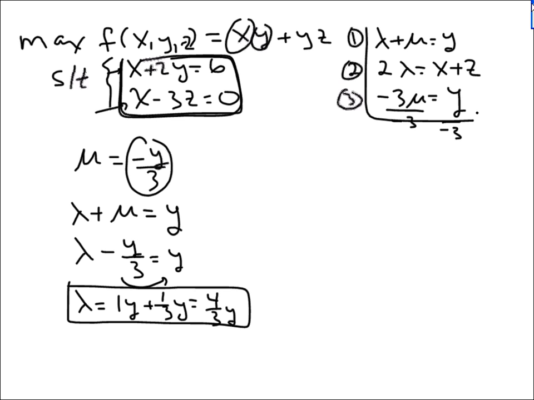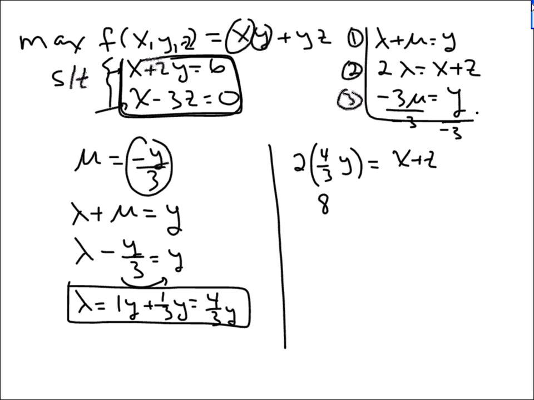So, going to equation number 2, we know that 2 times lambda is equal to x plus z. That is 8/3 y is x plus z.